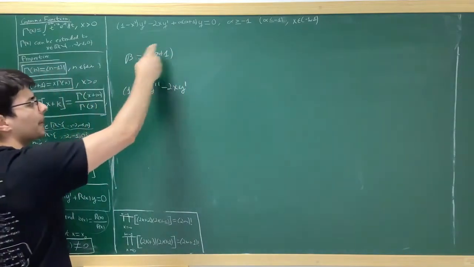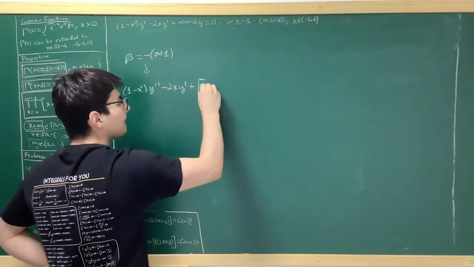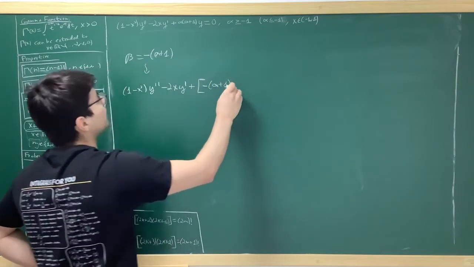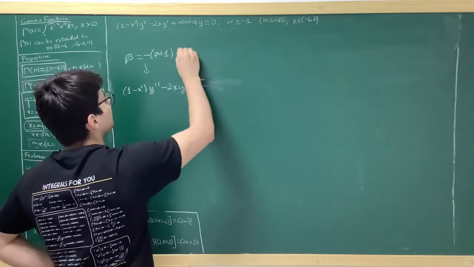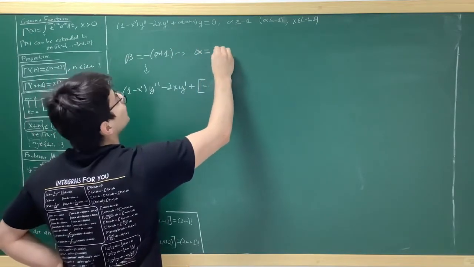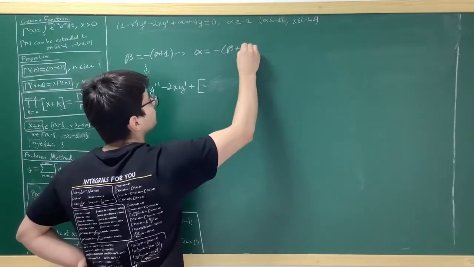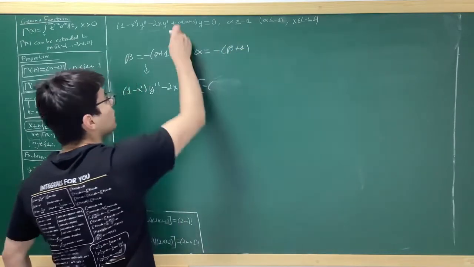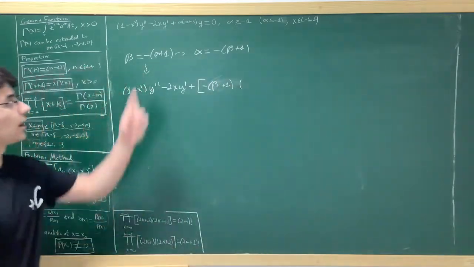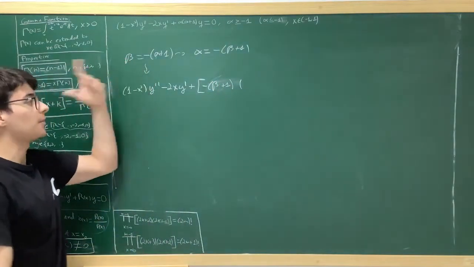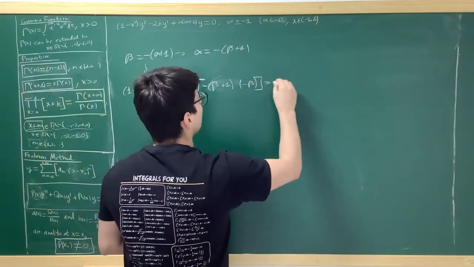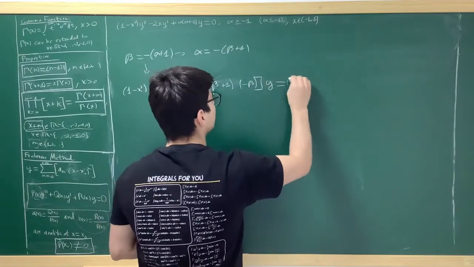Well, what is beta? Beta is just minus alpha plus 1. What is alpha? Alpha here is just negative beta plus 1. So we have alpha is minus beta plus 1 times alpha plus 1. Alpha plus 1 is just minus beta. So minus beta. And this is equal to 0.